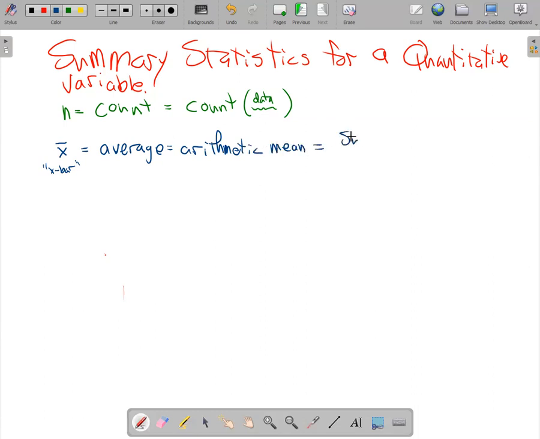And it is the sum of all of the values divided by how many, which would be the count. And on a spreadsheet, it is just average, parentheses, and then point it to your data.